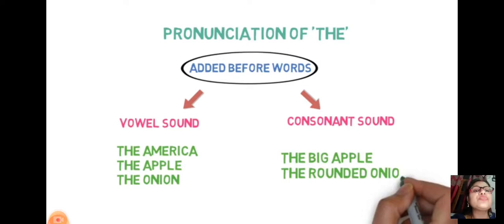You pronounce it as the America, the apple, the onion, not 'thuh' America. And when it comes with a consonant sound, you use 'thuh': the big apple, the rounded onion, or the mosquitoes. I hope your doubt about pronunciation is clear now.